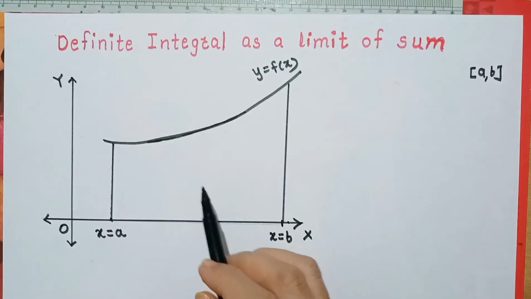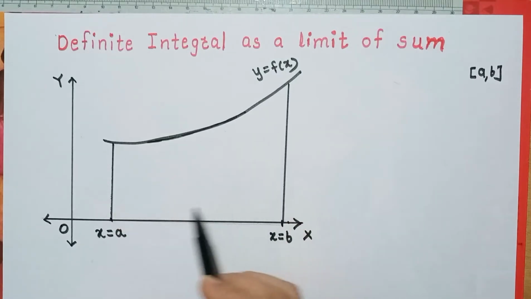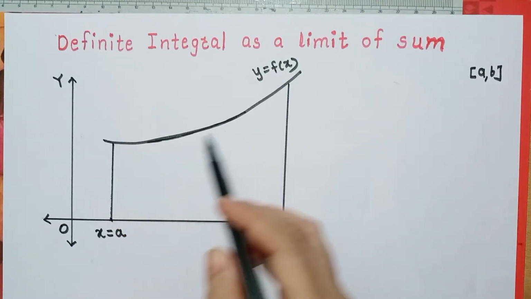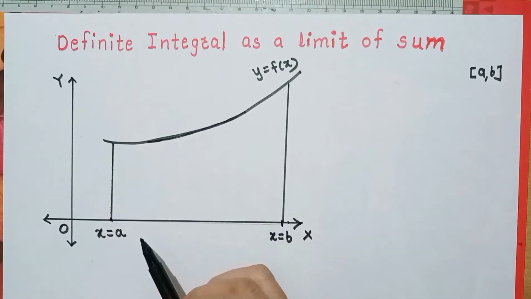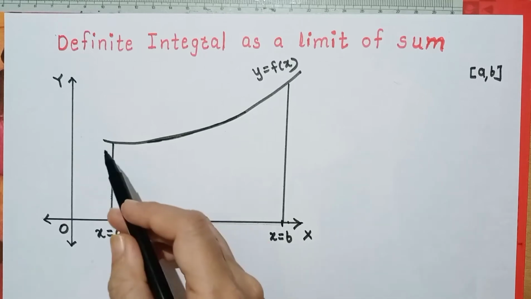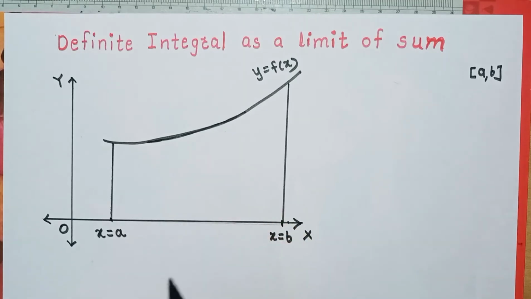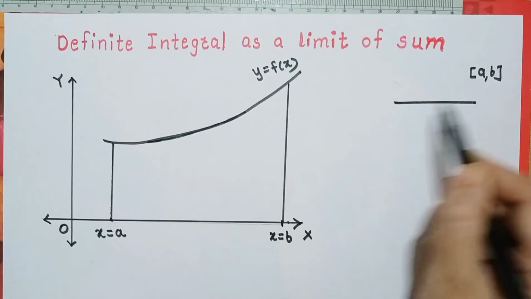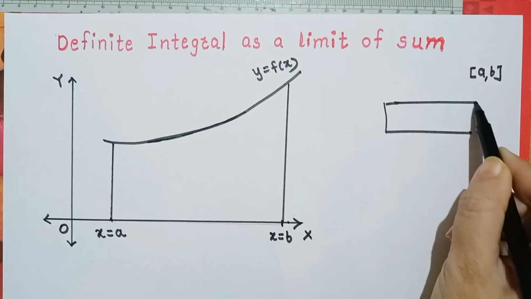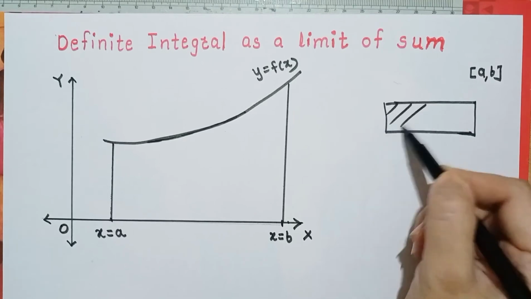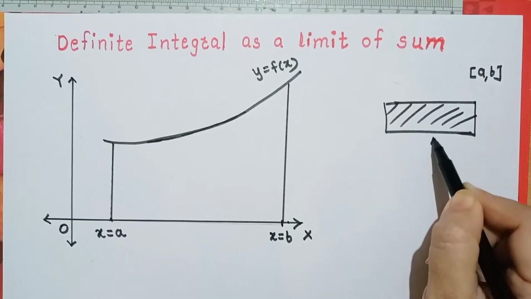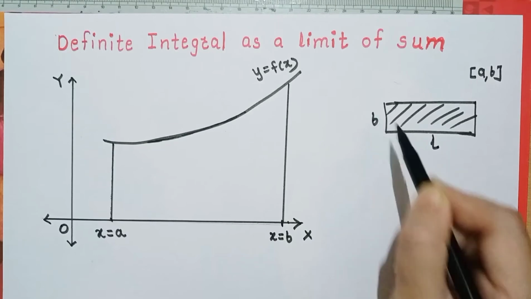Now check this. This is not in the perfect shape of a rectangle or trapezium, and we know many formulae to find out areas. So for our convenience, we are dividing this area into many rectangles. Why? Because we know if this is a rectangle, then its area can be found by length into breadth.